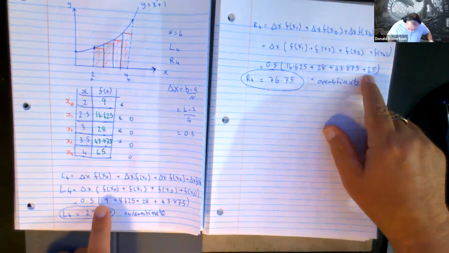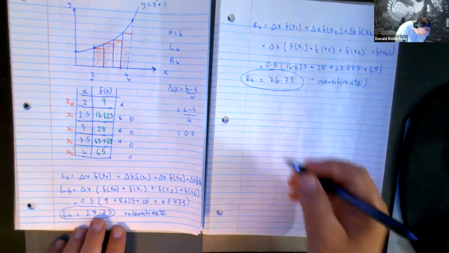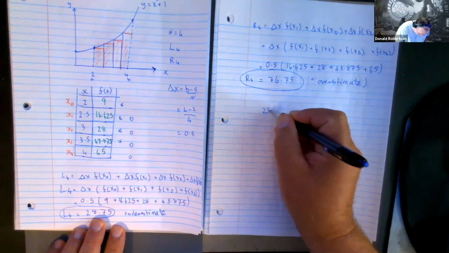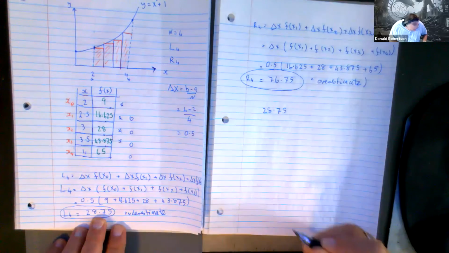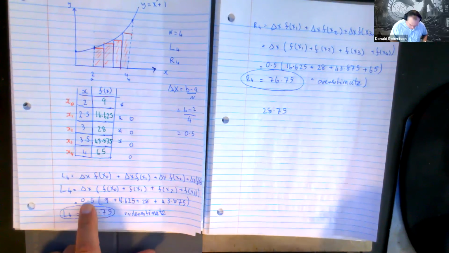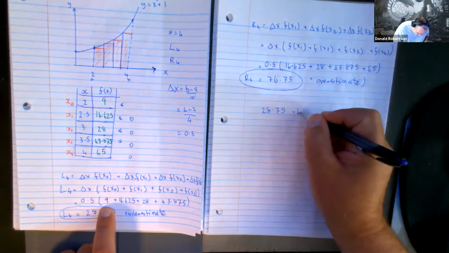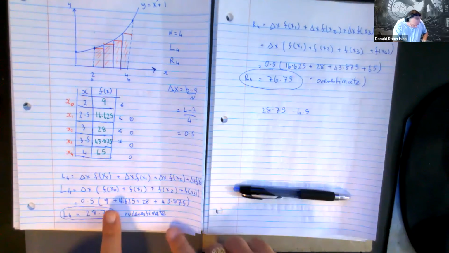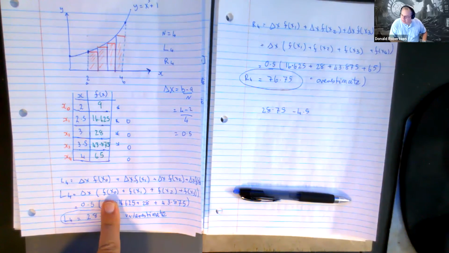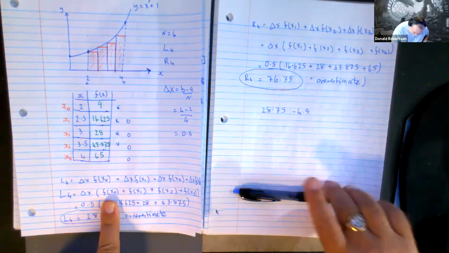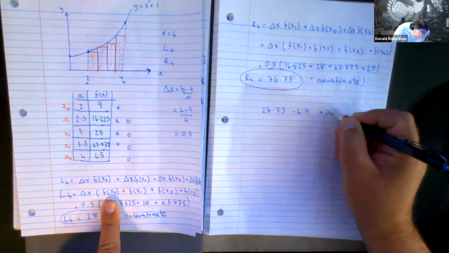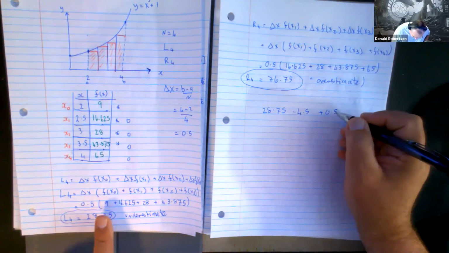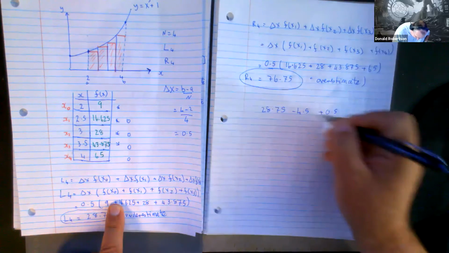So let's try it out. If what I said is correct, you take L4, which is this number, and you subtract this guy, 0.5 times 9. Now, by doing that, haven't you removed this guy's contribution to the answer? And then you add 0.5. I should have done it in the same way.